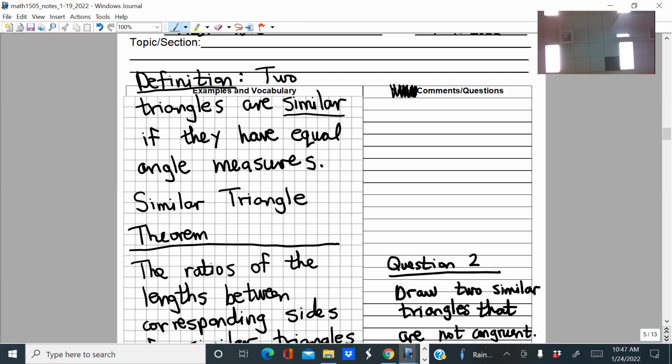I see. So just cut these sides by half. Oh, okay. That's a good idea.